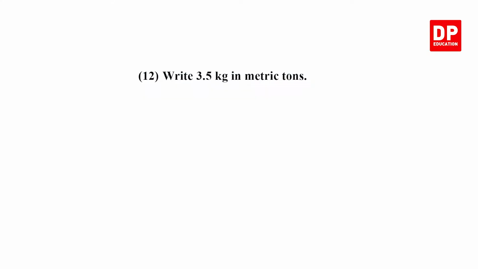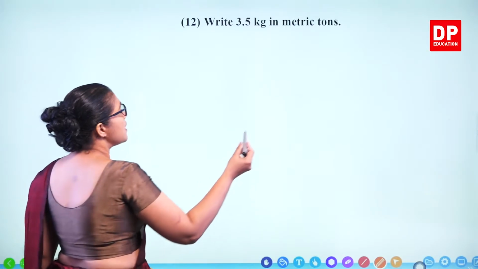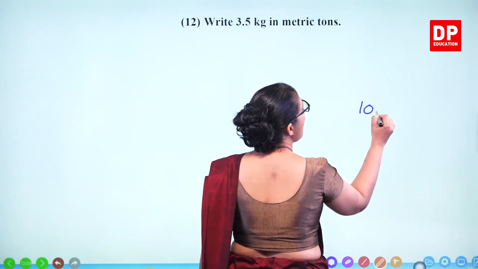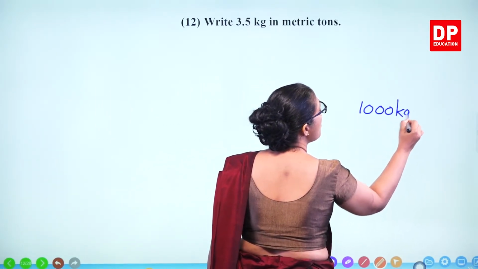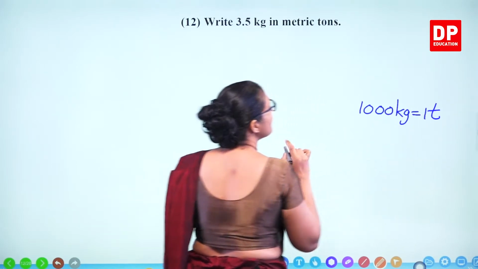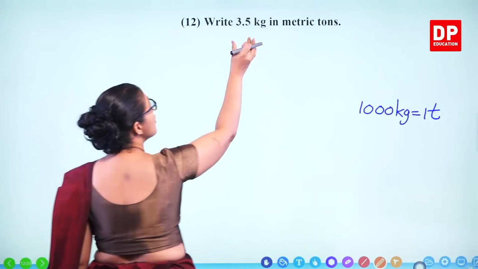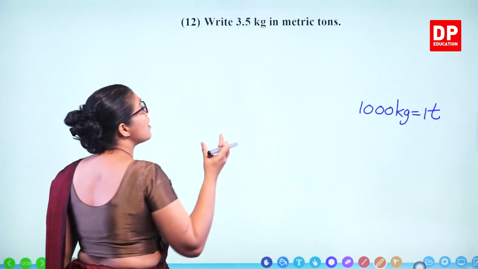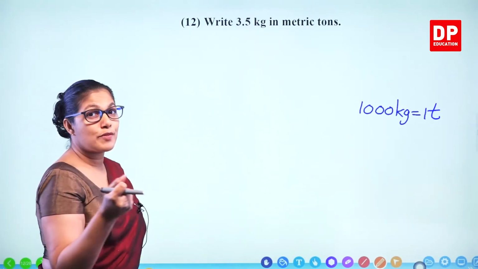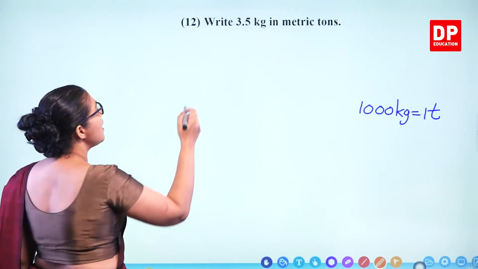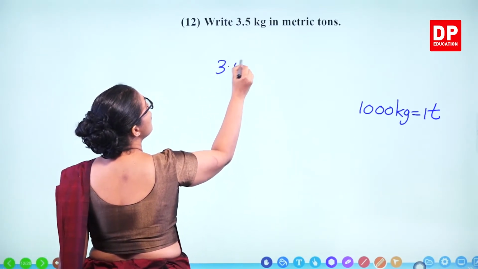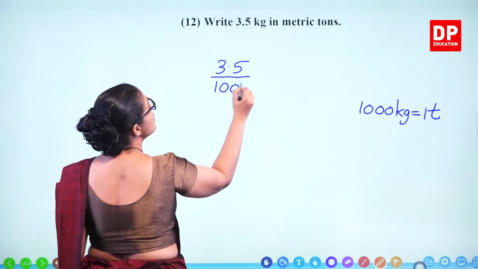Question number 12. Write 3.5 kilos in metric tons. So what's the relationship? 1000 kilograms is 1 ton. So smaller to bigger. So kilograms is smaller and metric tons bigger than kilograms. So you have to divide by 1000. 3.5 divide by 1000.